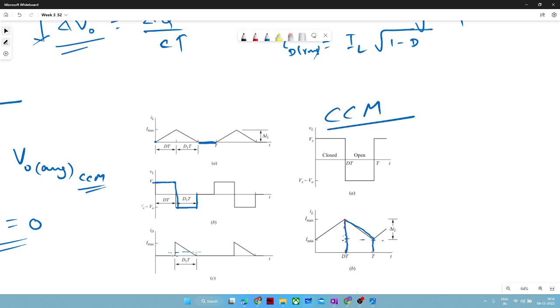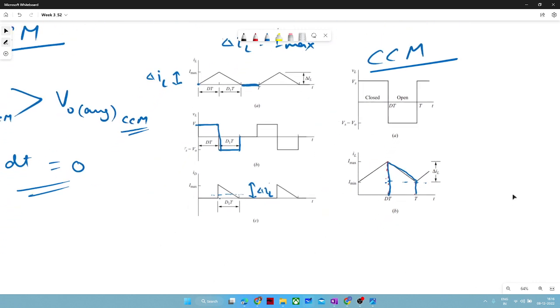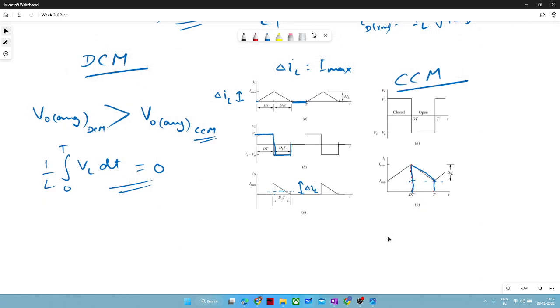Now it is only the triangular portion, which is the ripple current across the inductor, delta IL, and delta IL is nothing but IL max. I hope it is fine till now.